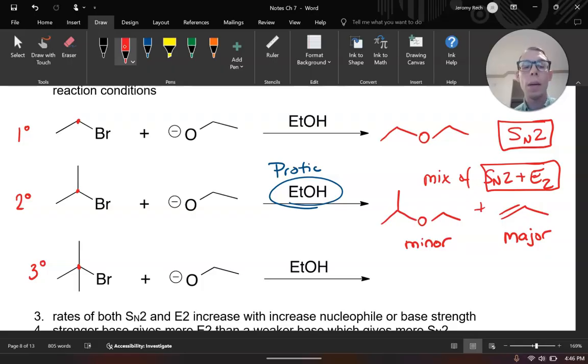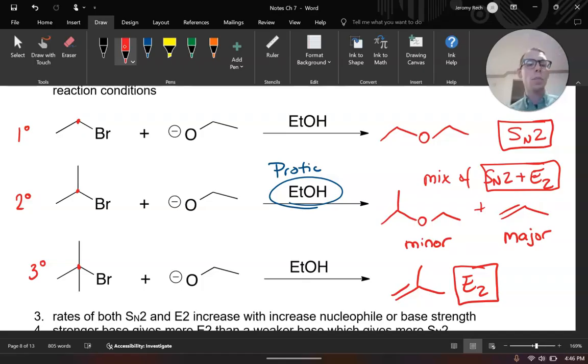Now, when we think about our tertiary substrates, a backside attack is really, really difficult on tertiaries, and that does not favor your SN2. SN2 is for methyl, primary, and secondary. So with a tertiary substrate, we can only do E2, and you're only going to get this product, which is your E2 elimination.